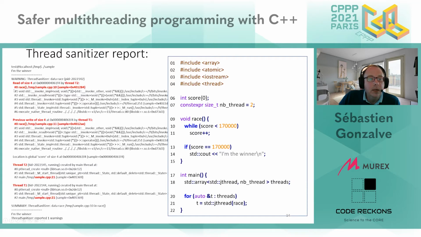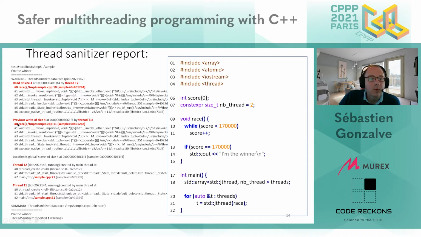Here it says there was a read of size 1 byte at this address, from thread 2, and it's a problem. This happened at line 10 in my sample program. So here is the read that caused the problem. It says, okay, when you read score here, there was something wrong with this read.